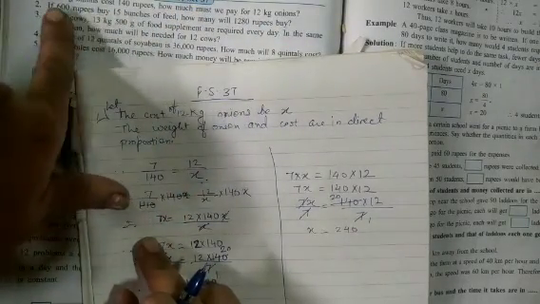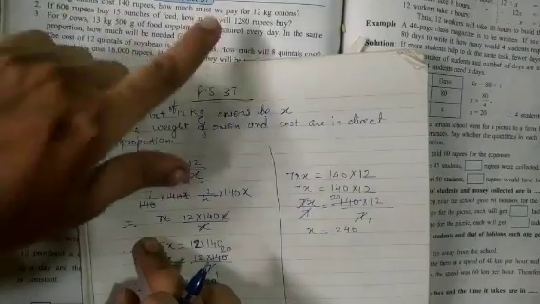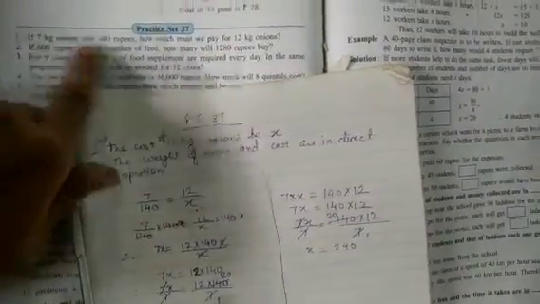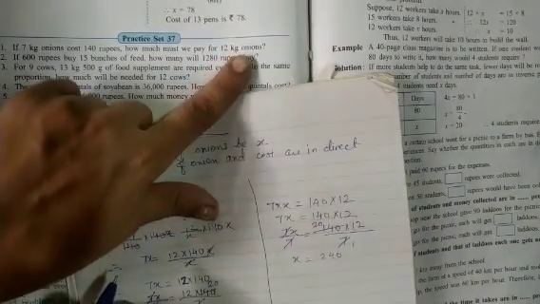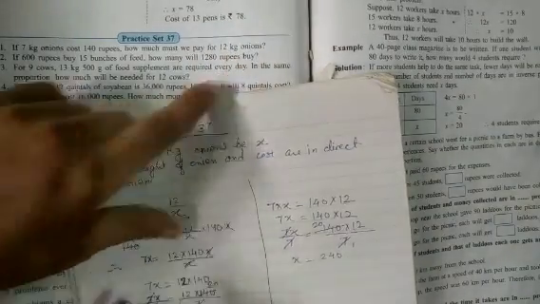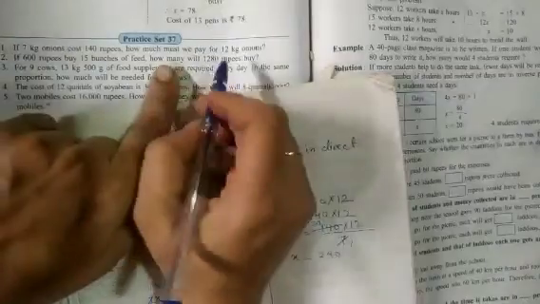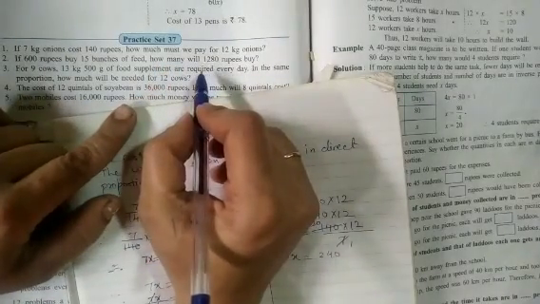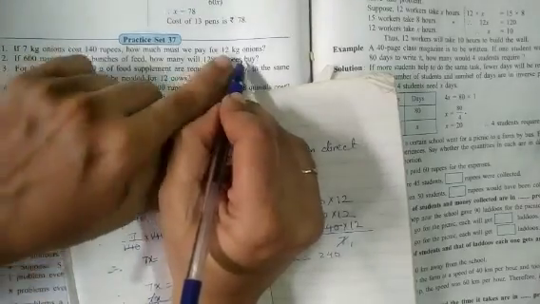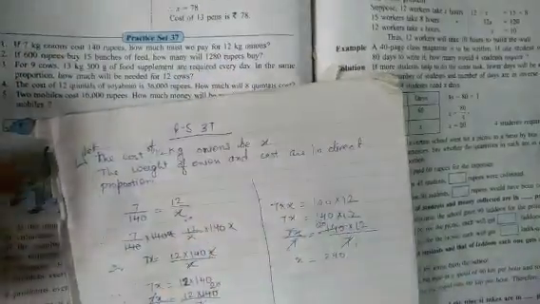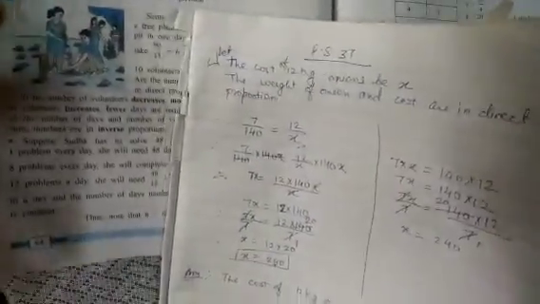As the number of rupees is increasing, the bunches will also increase. This is an example of direct variation. First we will consider, let 1280 rupees buy x bunches of cattle feed.